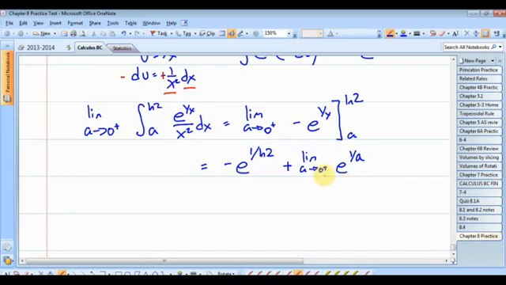Okay, so as a goes to 0, 1 over a goes to infinity. If e gets raised to something that approaches infinity, we get infinity again. We have infinity plus a negative number, still infinity. Diverges.